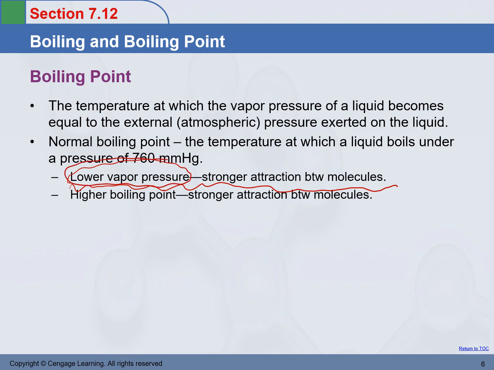If a liquid has a lower vapor pressure, in order to make it boil, in order to make its vapor pressure the same as the atmospheric pressure, you need a higher temperature. So lower vapor pressure means stronger attractive force between molecules. Stronger attractive force between molecules means higher boiling point. The stronger the attractive forces between molecules, the higher the boiling point.